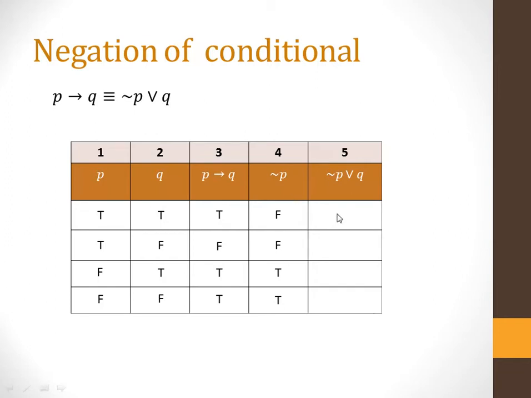Now the last column, negation P or Q. Here see column number 4 and column number 2. F or T is T, F or F is F, T or T is T, and the last one, T or F, is also T. If you observe column number 3 and column number 5, both have the same entries.